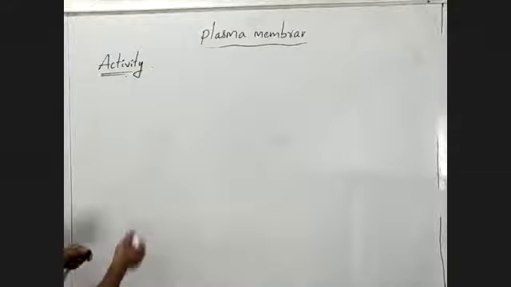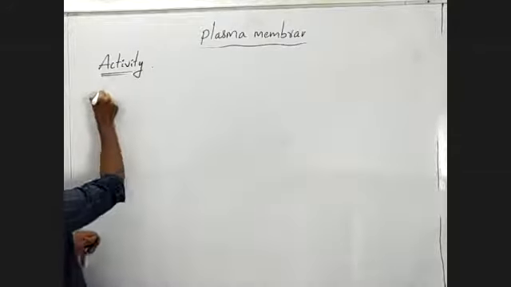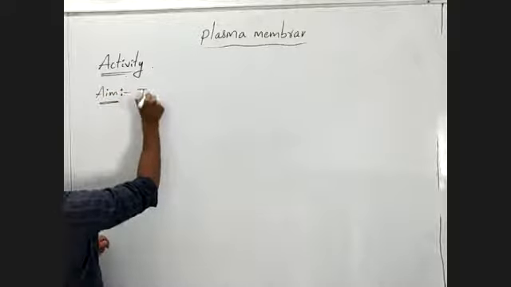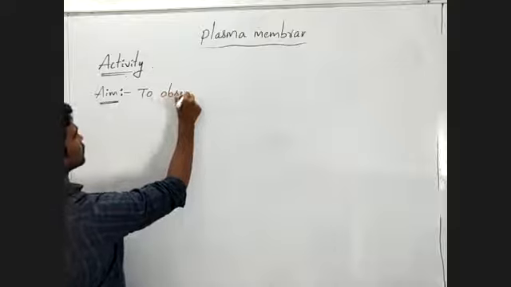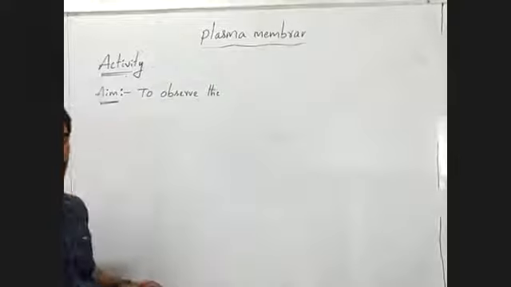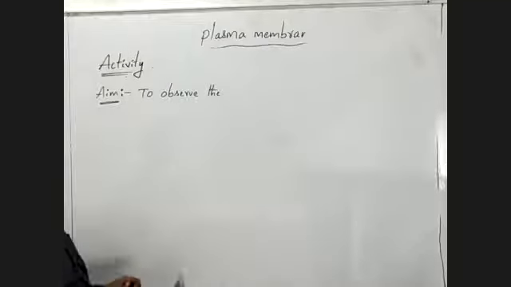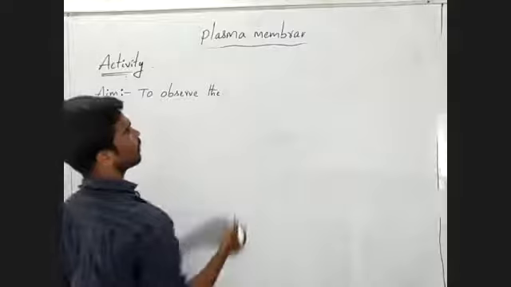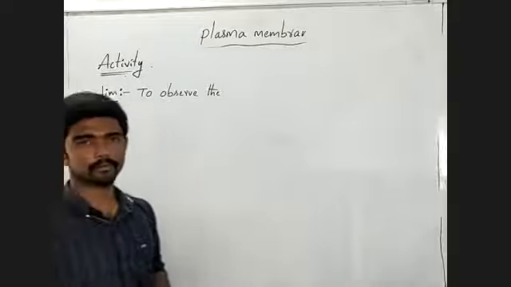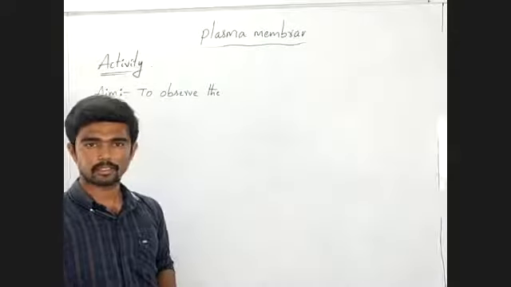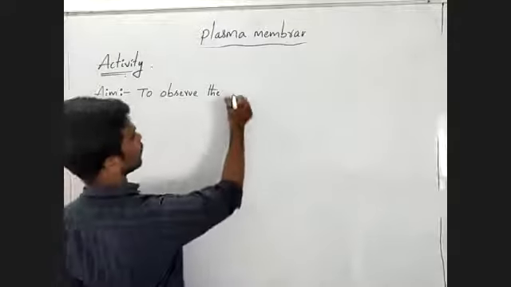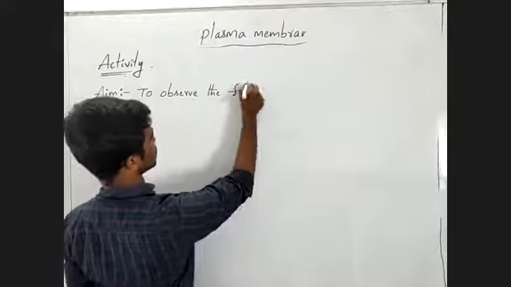Now, what is the aim of this activity here? Aim of activity is to observe the movement or to observe the functioning of the plasma membrane. Okay, to observe the functioning or to observe the filtration process.